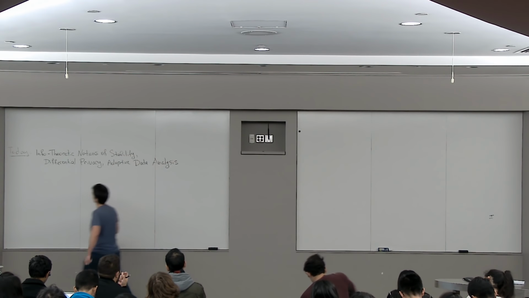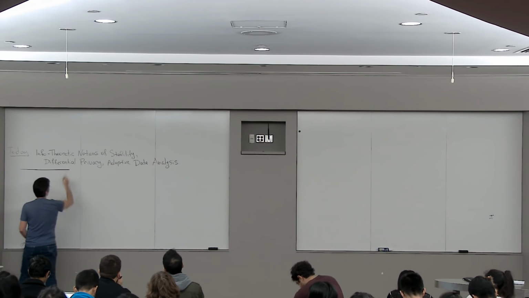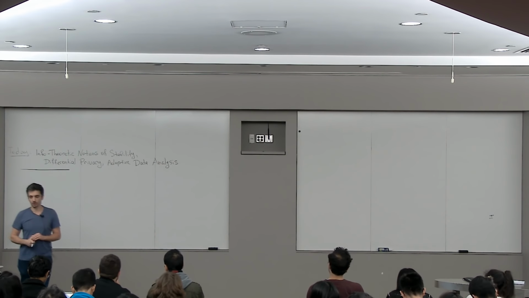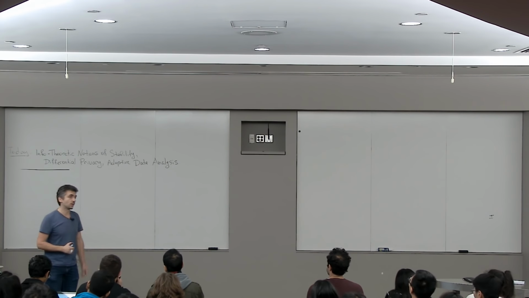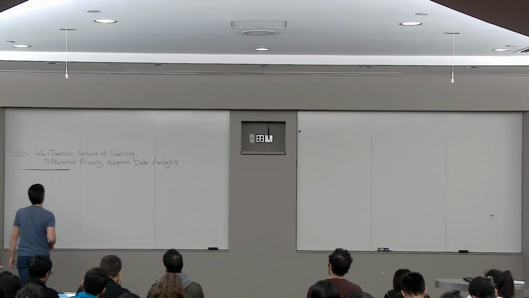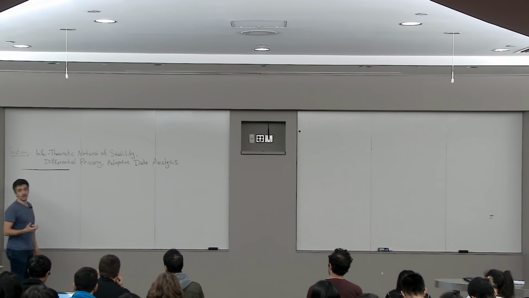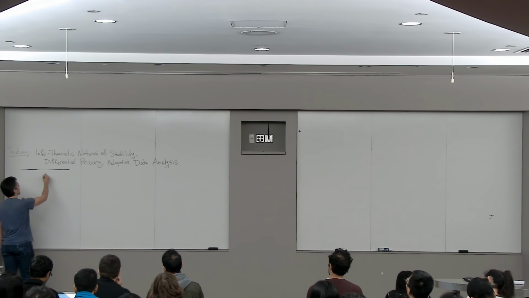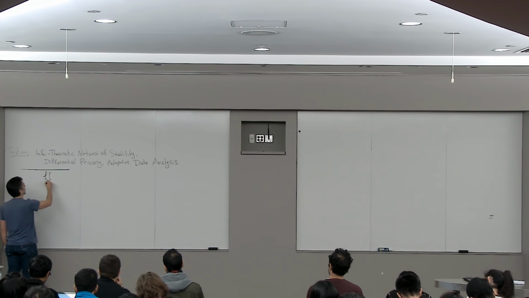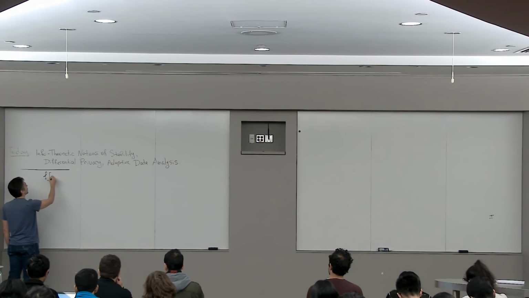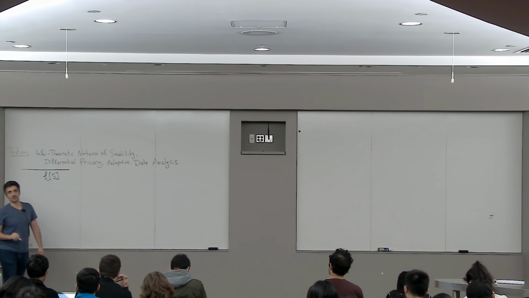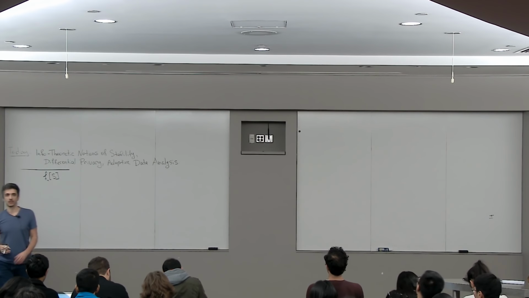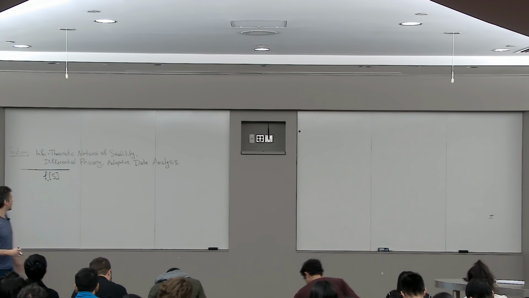Okay, so the difference from what we've done so far is that we're going to discuss potentially randomized algorithms. Before, you had an f hat sub n that depended on a data set S, where S is the set of x, y pairs from 1 to n.